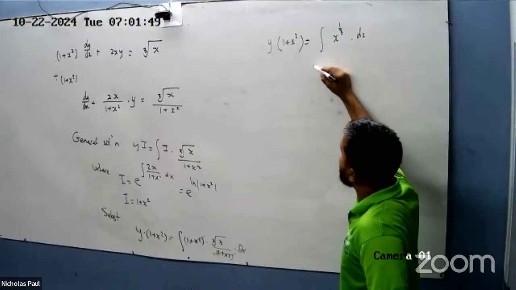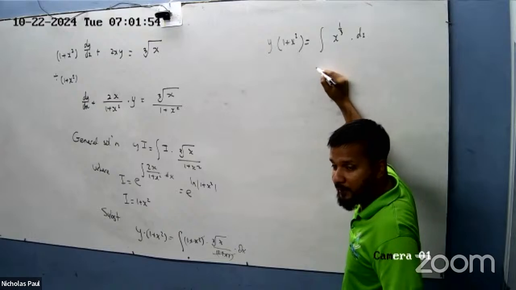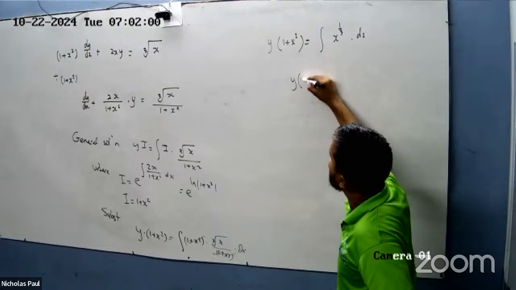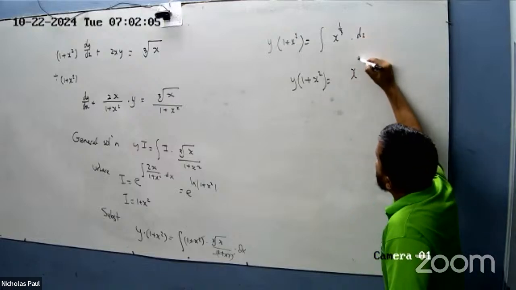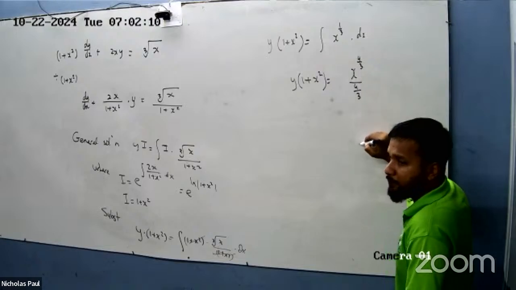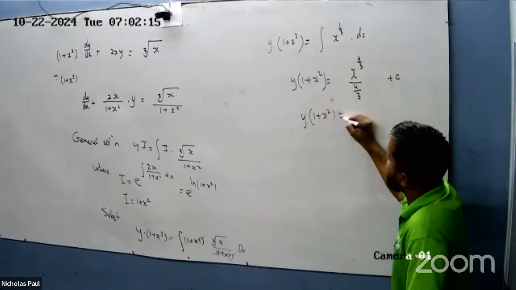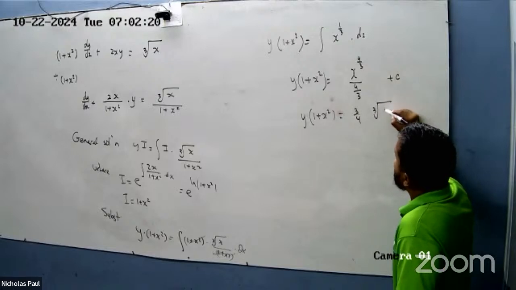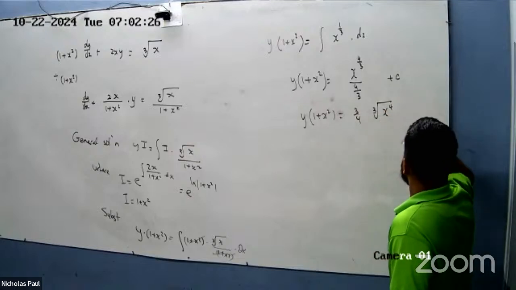Cube root is x to the 1/3. So add 1 to the power, you'll get 4/3, divide by that new power, plus c. So you'll get y times 1 plus x squared is equal to 3/4, the cube root of x to the power of 4, plus c.